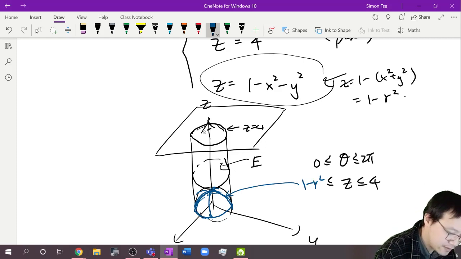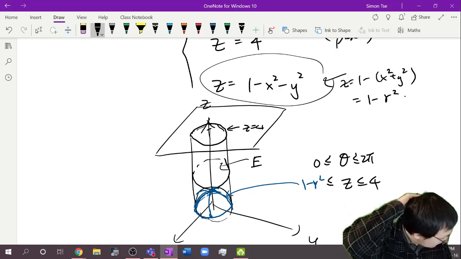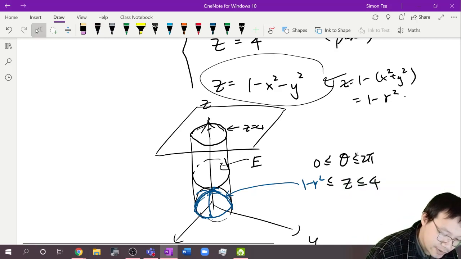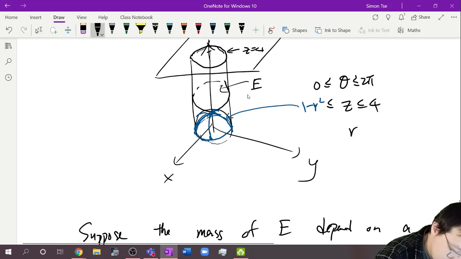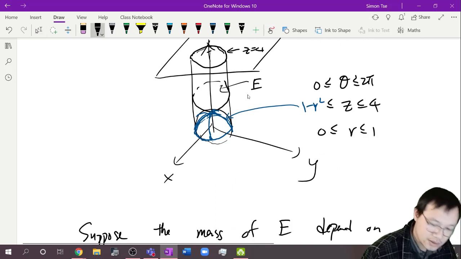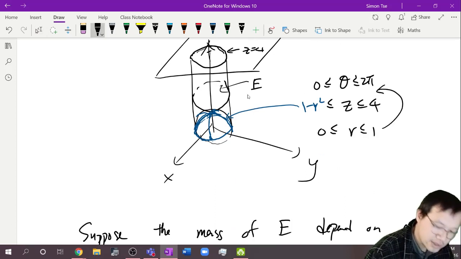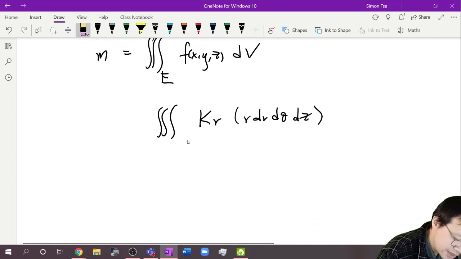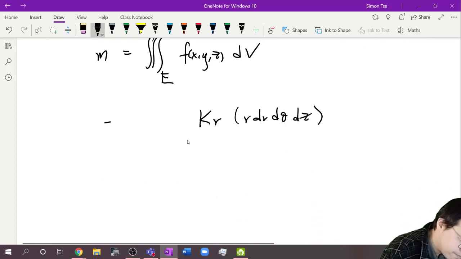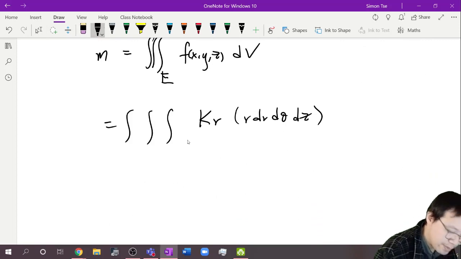So you have this, and finally you have the r. So we are looking at the radius 1. So that's the easy part. I mixed up, so I should put this here. Z is the last part. Okay, so this integral becomes, let me give myself more space to describe it, an integral of three parts.